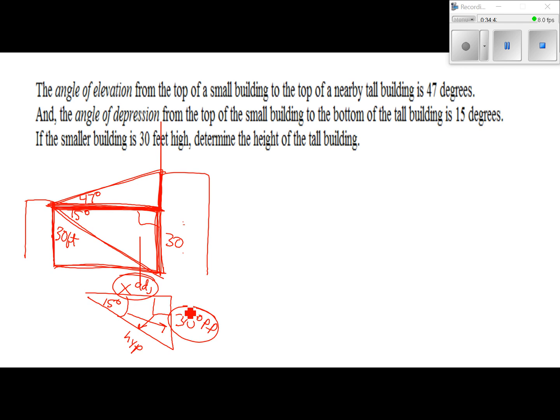So the first equation I'm going to set up is using opposite and adjacent, which is tangent again. So we do the tangent of our angle, which is 15 degrees, equals the opposite over the adjacent, so 30 over x. We grab our calculator, and we do the tangent of 15. Tangent 15 equals 0.2679.